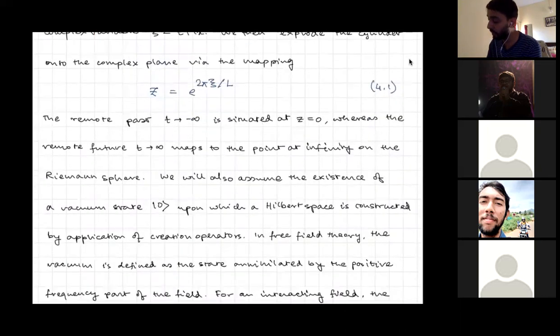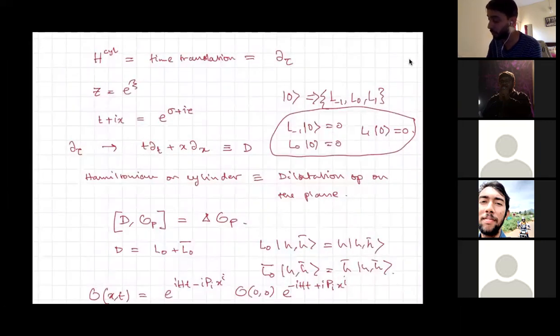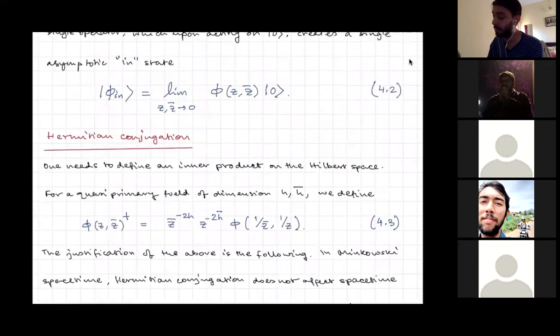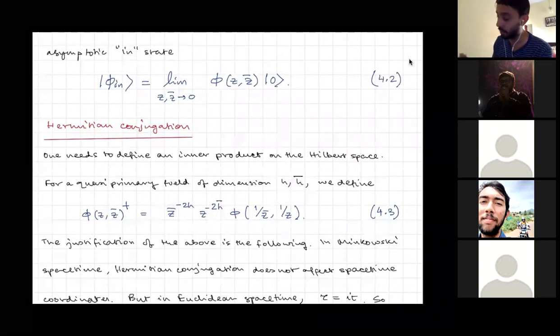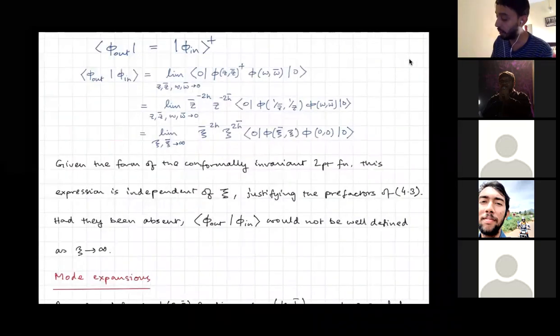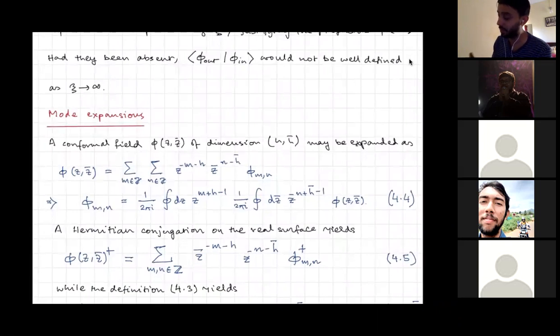Once we did that, we had this way of defining the Hermitian conjugate. It looked a little weird at first, but then we saw that these prefactors were required to make this inner product well defined. We also looked at these mode expansions, which are like your well-known Laurent expansions.